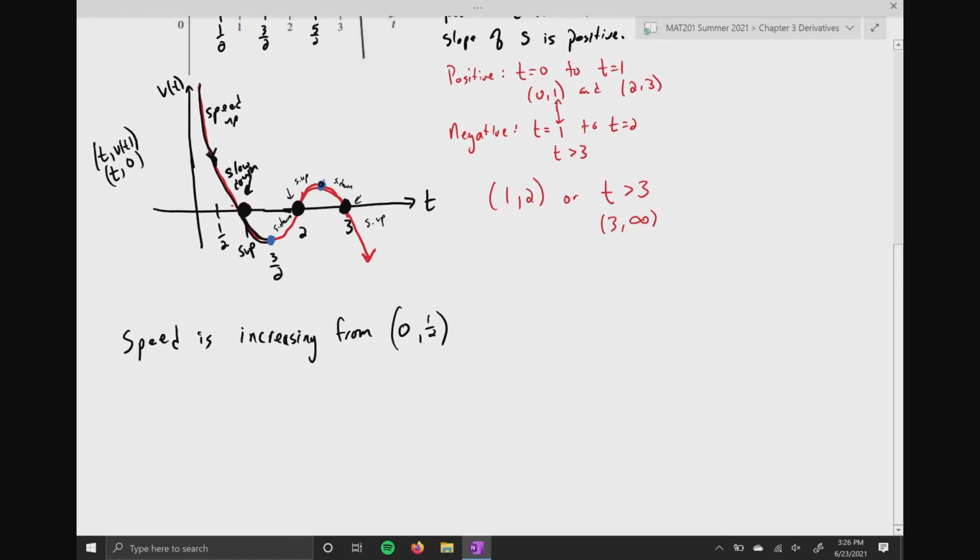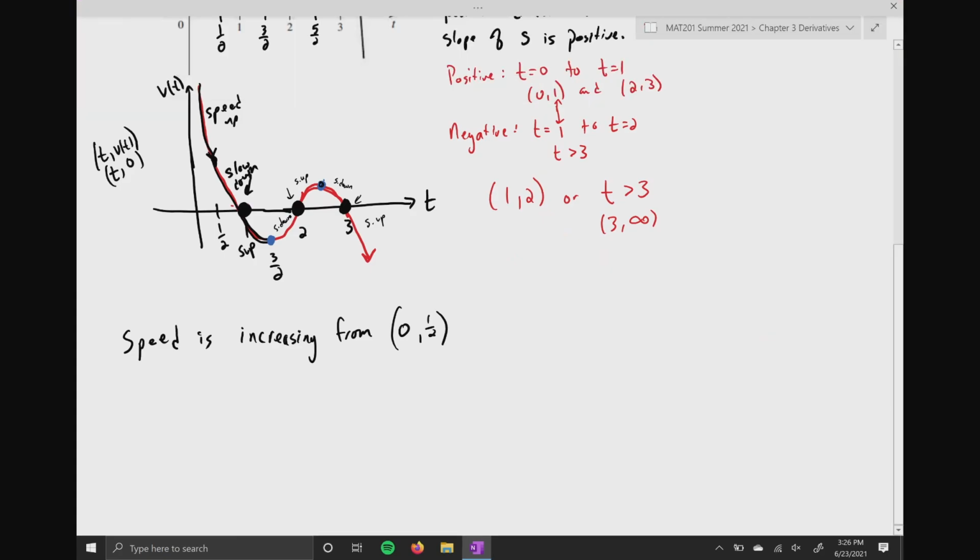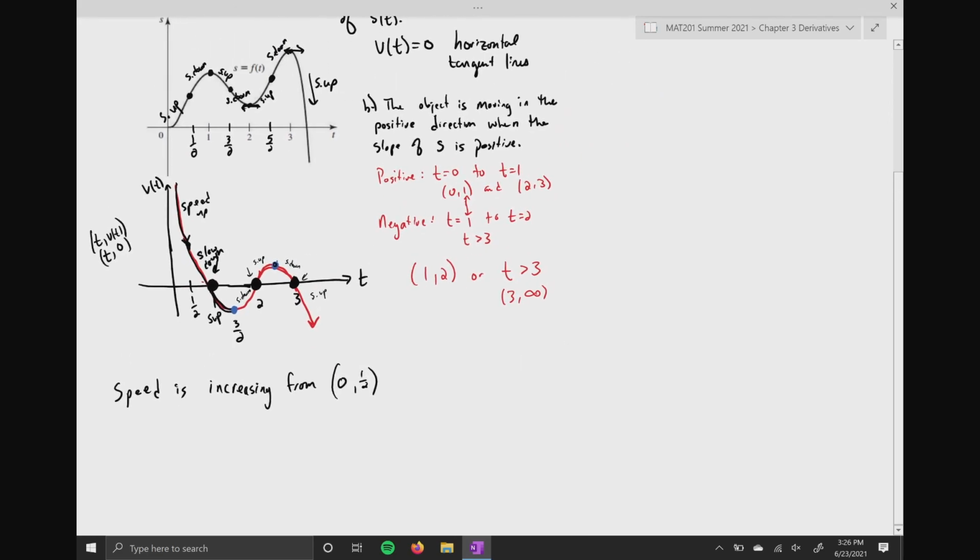So just to summarize everything, our speed is increasing on the intervals 0 to 1/2, 1 to 3/2, 2 to 5/2, and then from 3 to infinity.